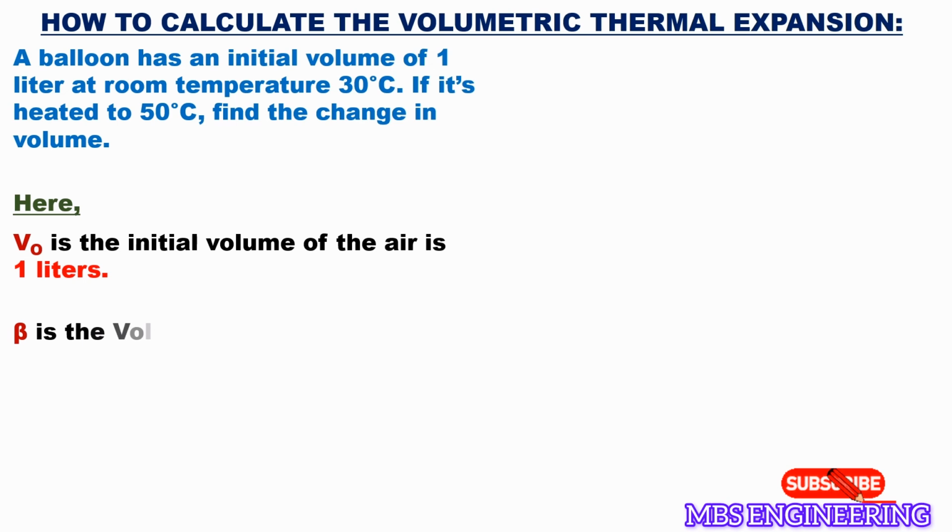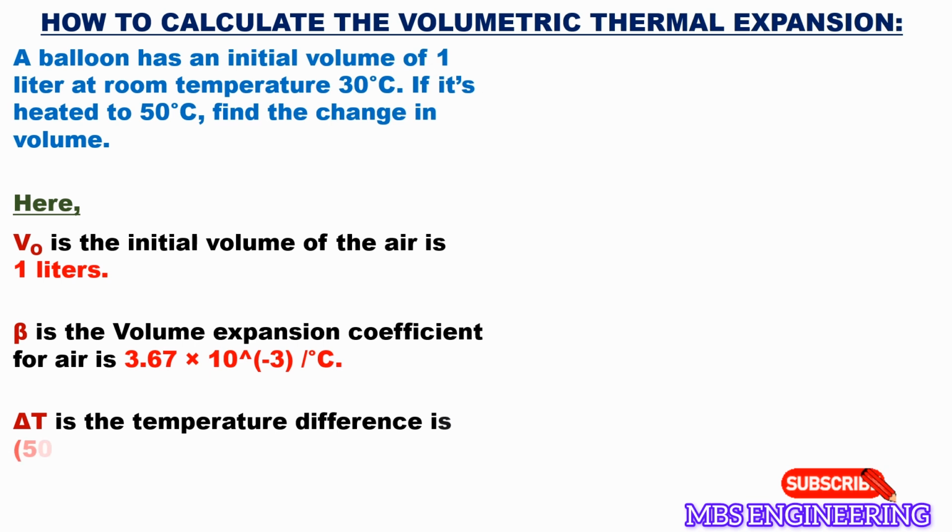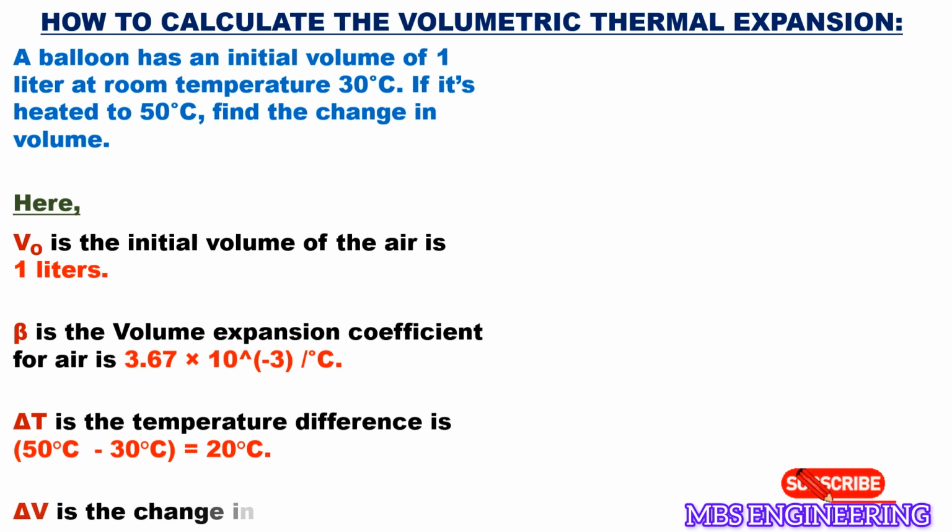Beta is the volume expansion coefficient for air, 3.67 into 10 power minus 3 per degree Celsius. Delta T is the temperature difference: final temperature 50 degrees Celsius minus initial temperature 30 degrees Celsius. Therefore, delta T, or temperature difference, is 20 degrees Celsius. Delta V is the volume change. We need to calculate it.